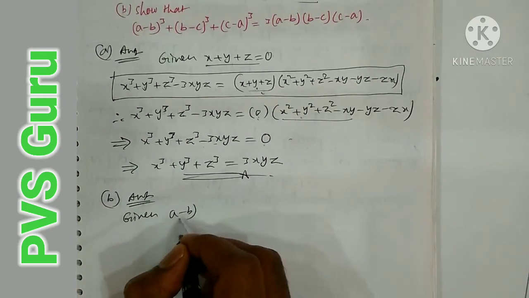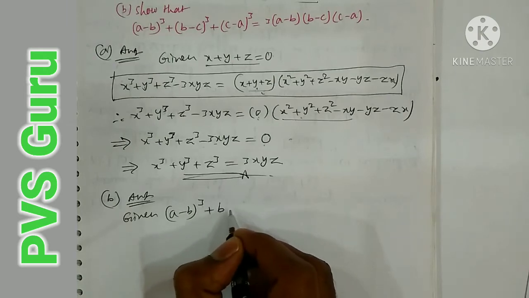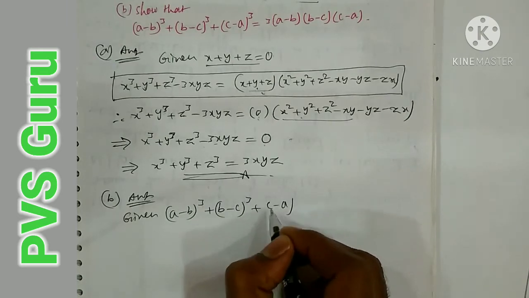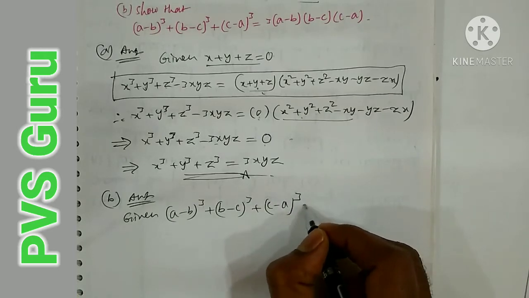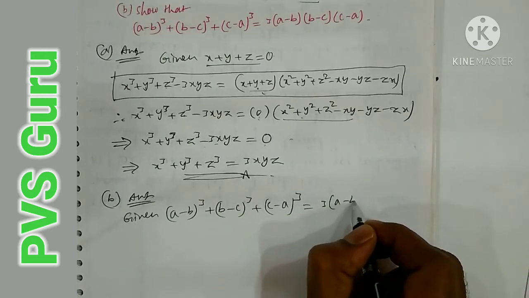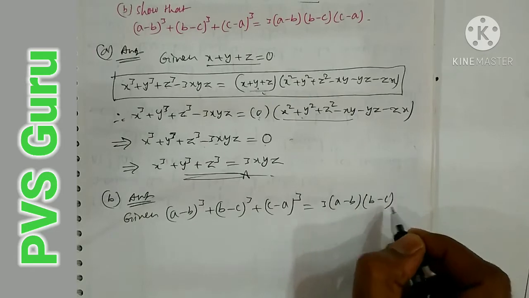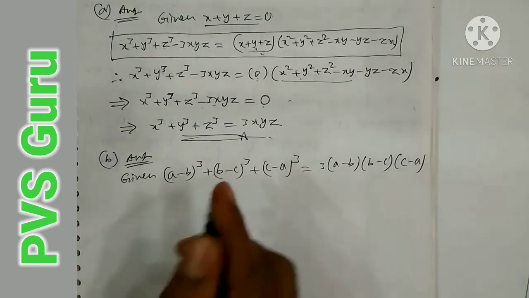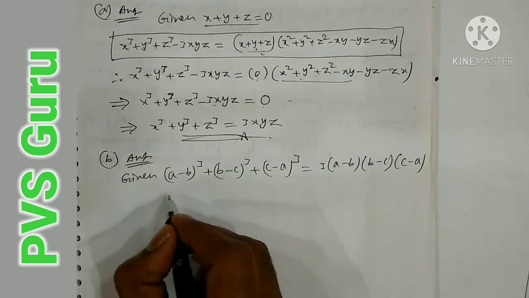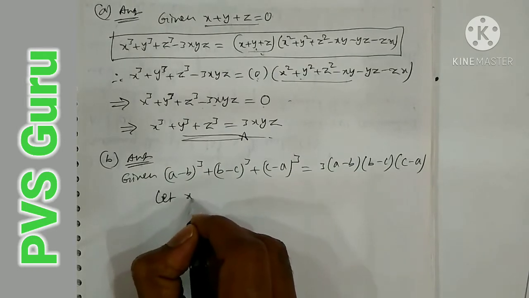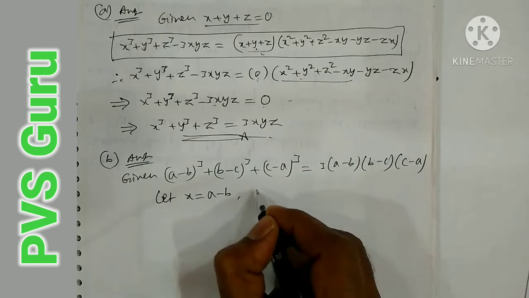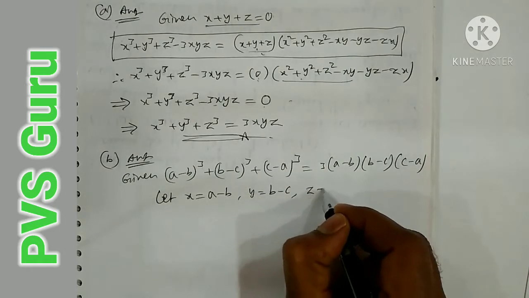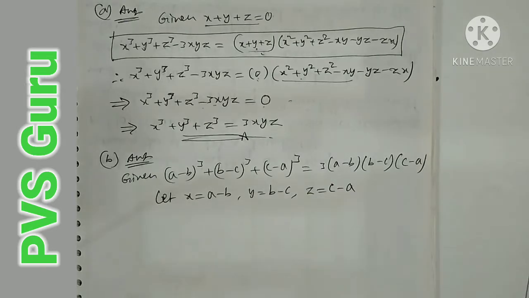Here I am taking, let x is equal to a minus b, y is equal to b minus c, z is equal to c minus a.